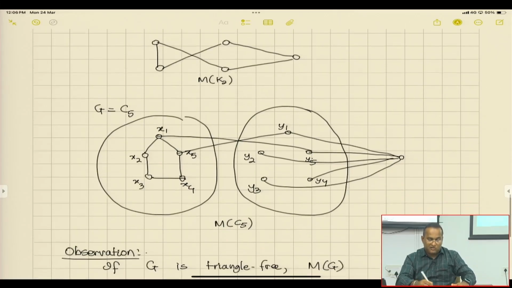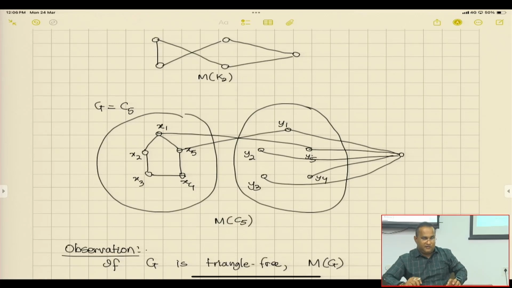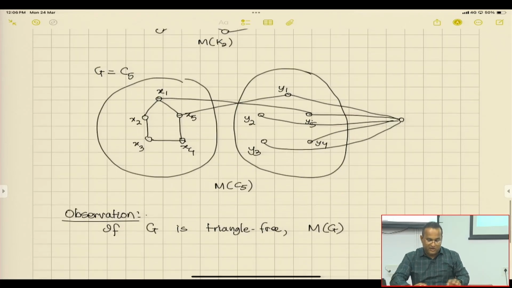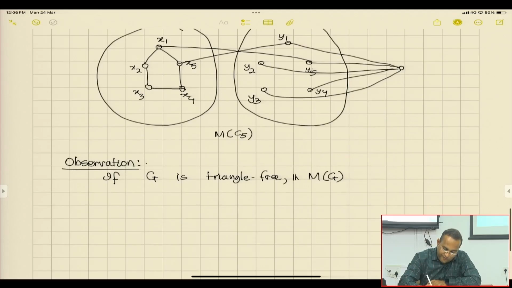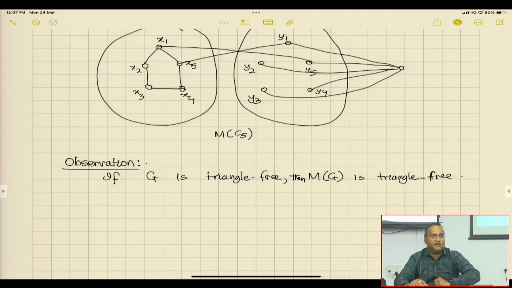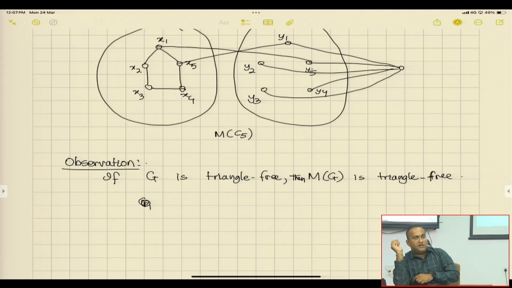We are going to draw this one in a nicer form later on, maybe in the tutorial class. So then M of G is triangle free, right? So if you start with G, then M of G is triangle free.